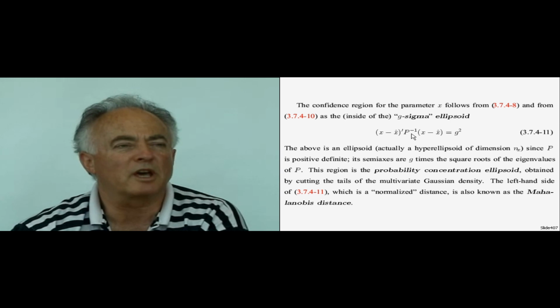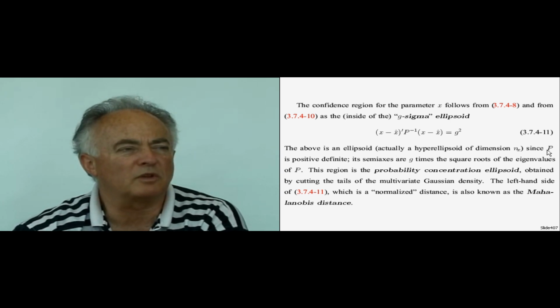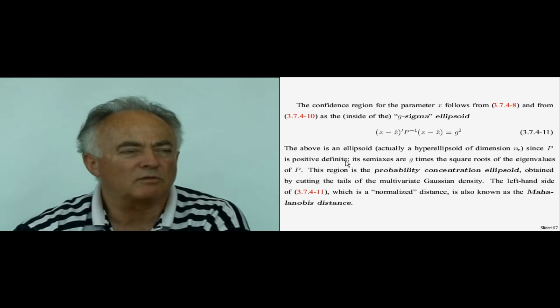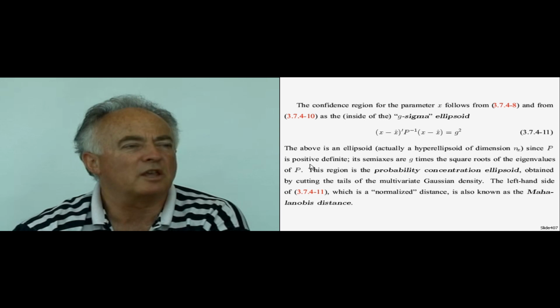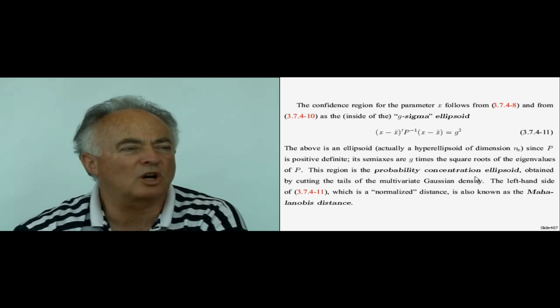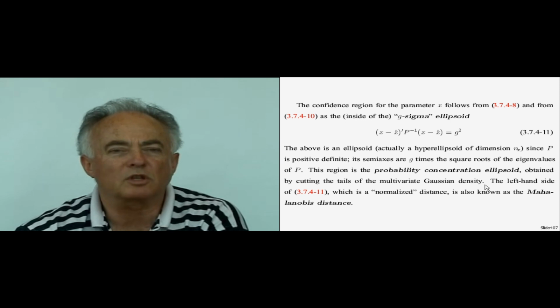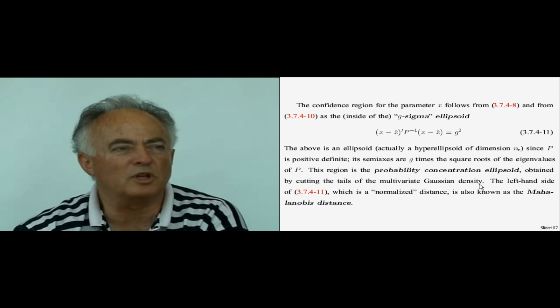So what you have is, because P is positive definite, you have the semi-axis g times the square roots of the eigenvalues of P. And this is a so-called probability concentration ellipsoid obtained by cutting the tails of a multivariate Gaussian density. You set a threshold on the multivariate Gaussian density, which gives you an inequality for the exponent.